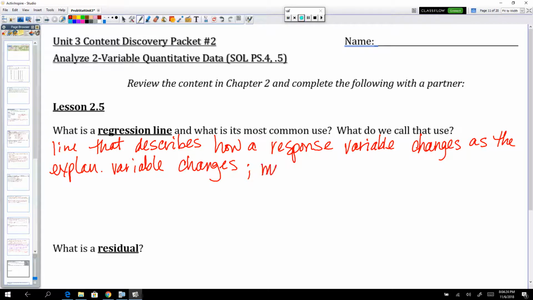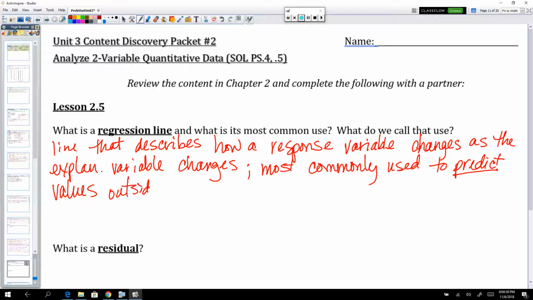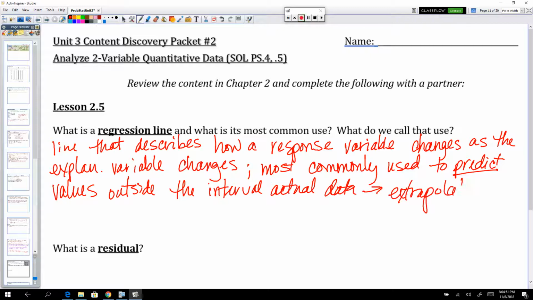So it's most commonly used to predict values outside the interval of actual data. That prediction is called extrapolation, and I'm sure you've heard that word before. Extrapolation. We're extrapolating the data.